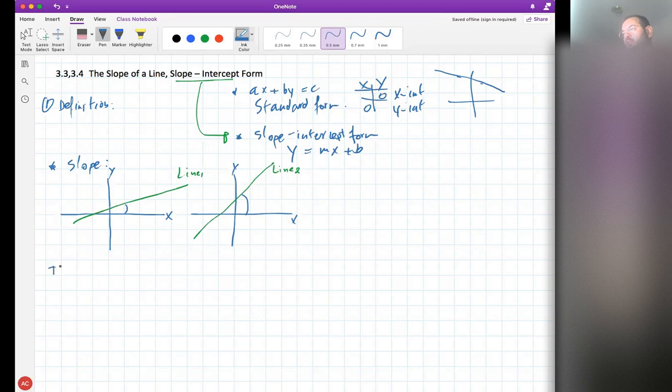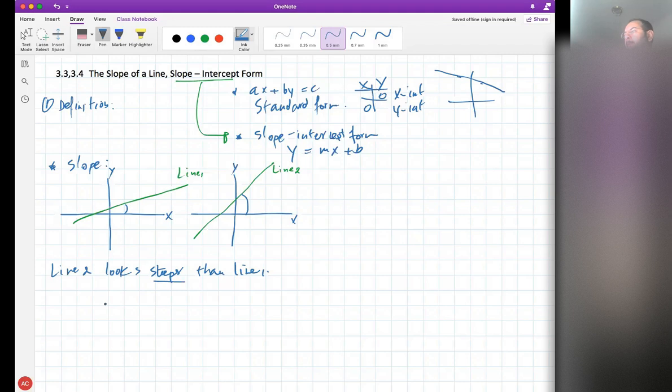So the observation is that line 2 looks steeper than line 1. That's the keyword, steeper.